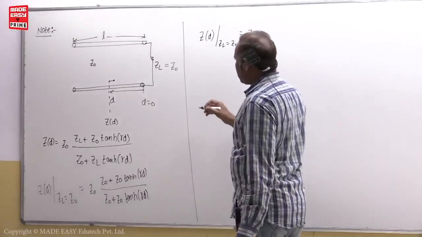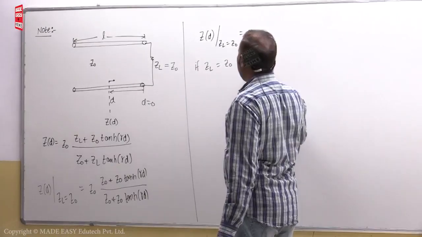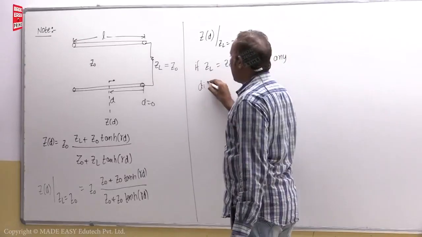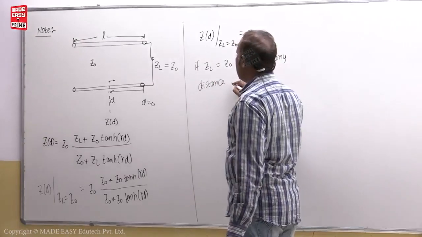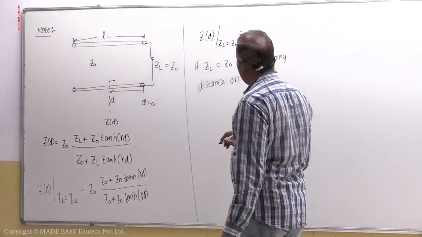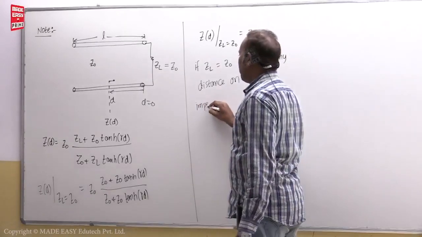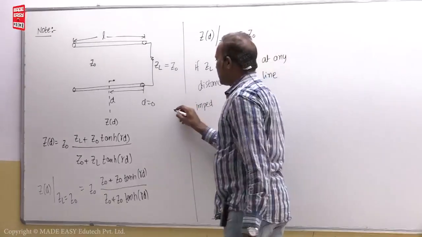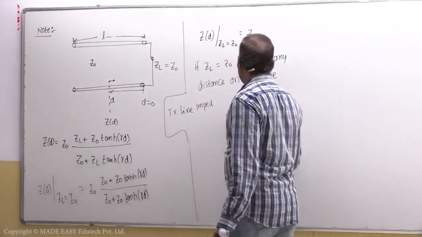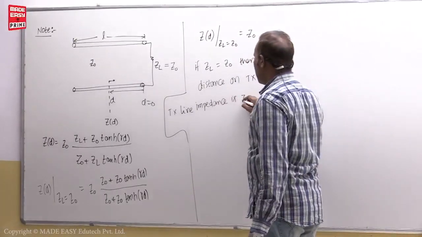So if ZL is equal to Z0, then at any distance on the transmission line, the transmission line impedance is Z0.